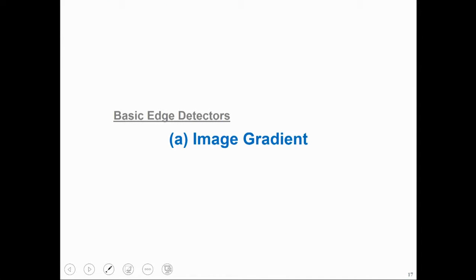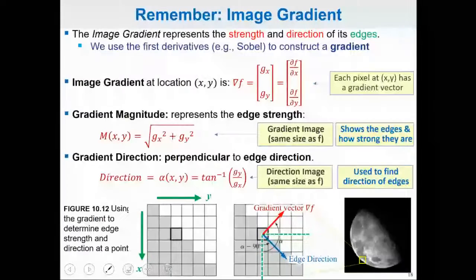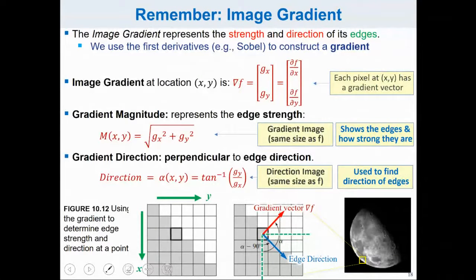So the basic edge detector, we talked about image gradient. Just to remind you, we can apply an image gradient at any pixel, and the image gradient basically is the vector that has a gx and a gy. What is gx? That's, for example, the first derivative in the x direction of Sobel or of any first order derivative, and the gy is the first derivative in the y direction.